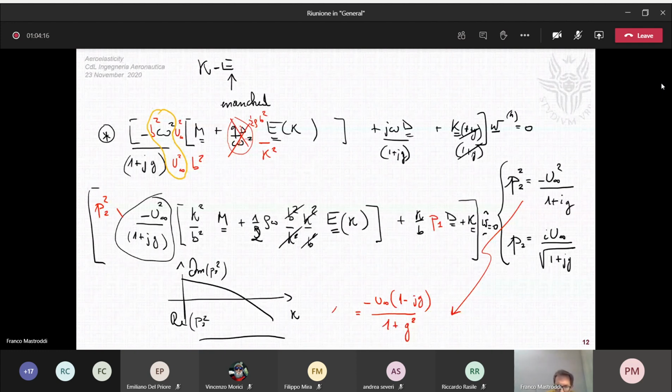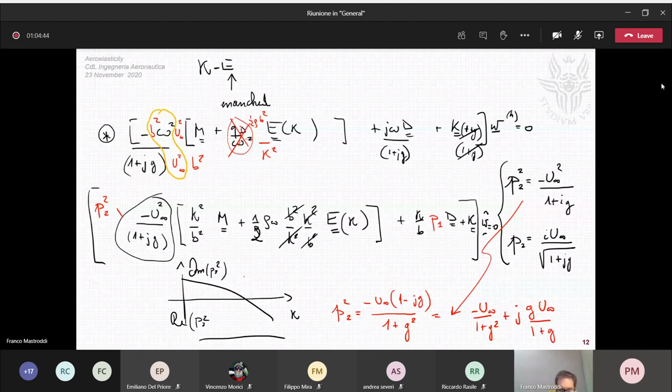So the real part of p2 squared is minus u infinite divided by 1 plus g squared, and the imaginary part is g u infinite, instead of omega like before.